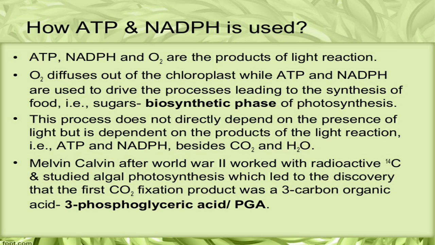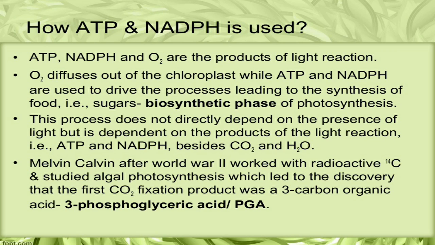That phase is known as biosynthetic phase of photosynthesis or dark reaction. This process does not directly depend on the presence of light, but it depends on the products of the light reaction, that is ATP and NADPH, besides carbon dioxide and water.